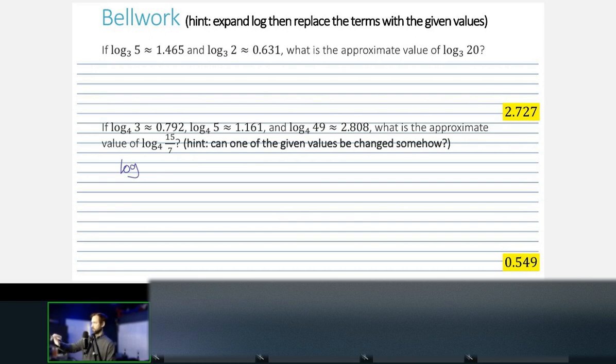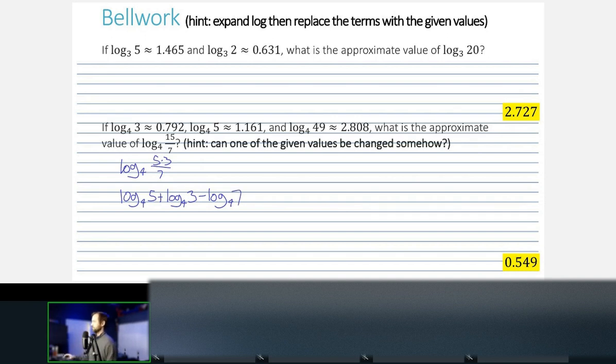Just rewriting our fraction, 15 is 5 times 3, over 7. So in the end, we're going to have log base 4 of 5 plus log base 4 of 3 minus log base 4 of 7, right?